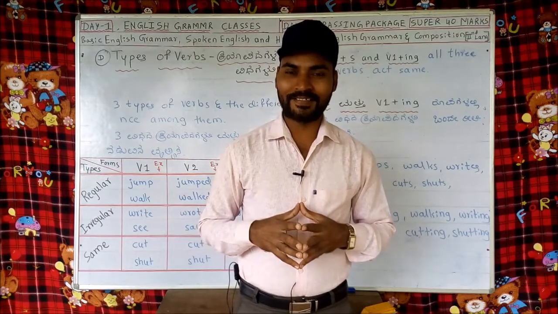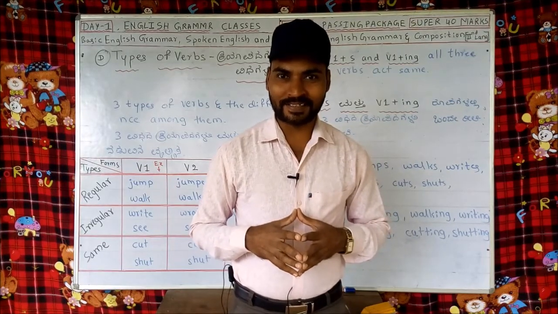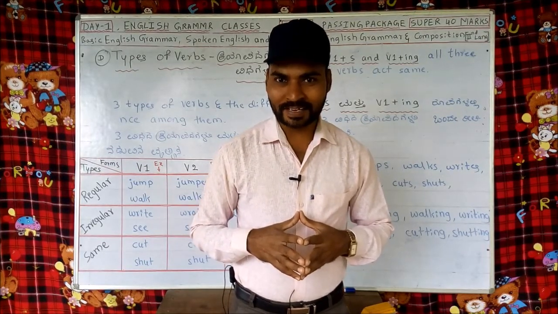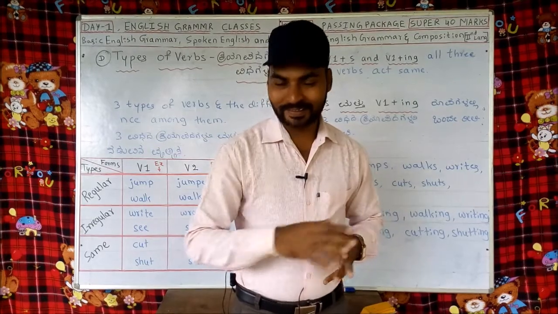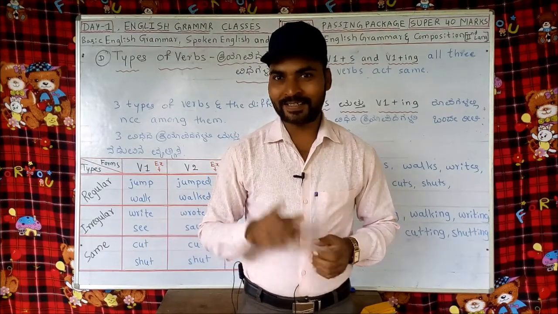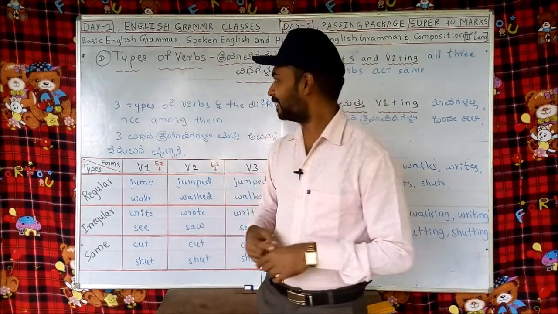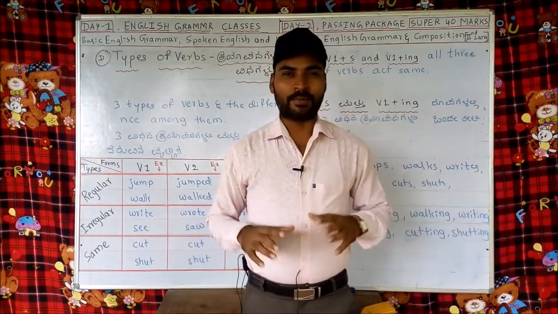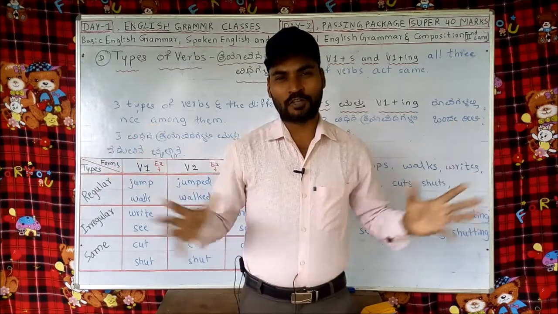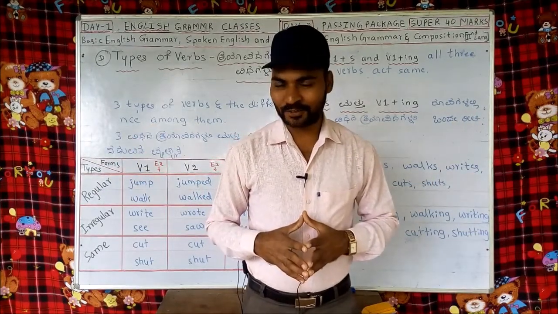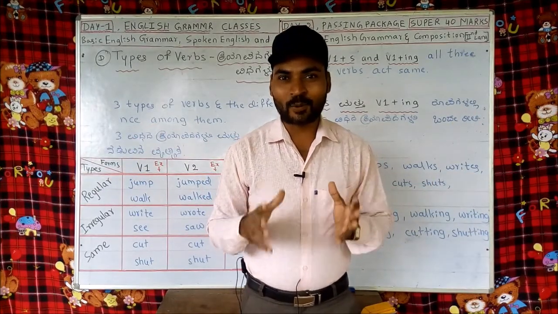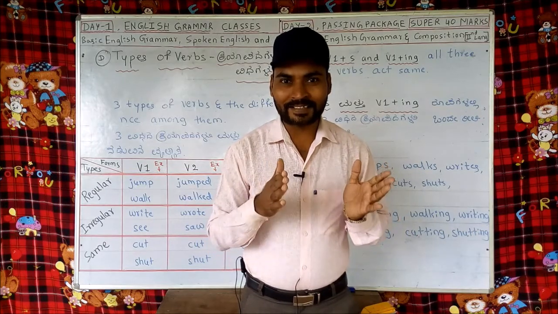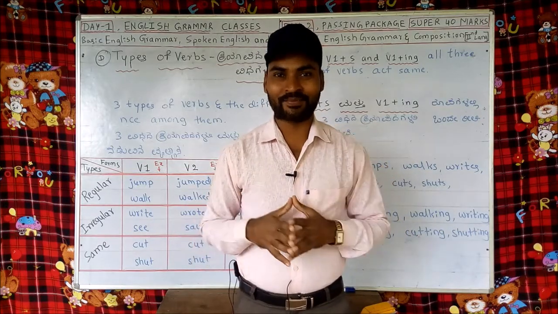My dear students, just now we studied verbs and pronouns. Now let's have a look at types of verbs: three types of verbs and the difference among them. There are thousands of verbs in the English language. All these thousands of verbs are categorized into three.